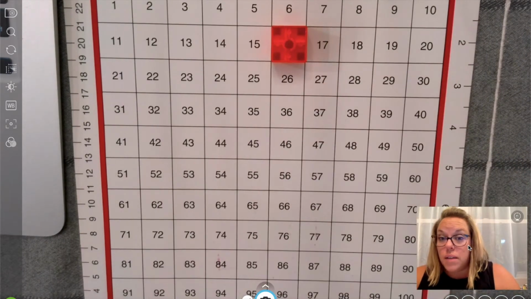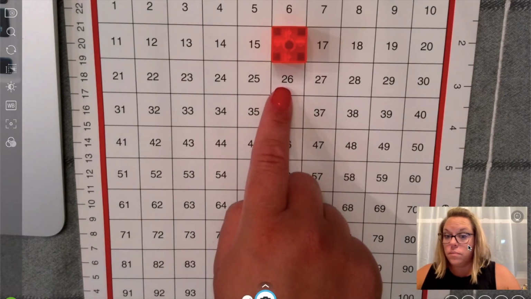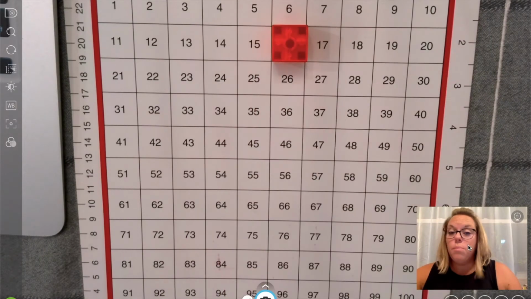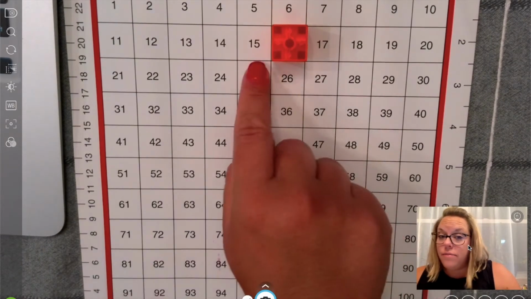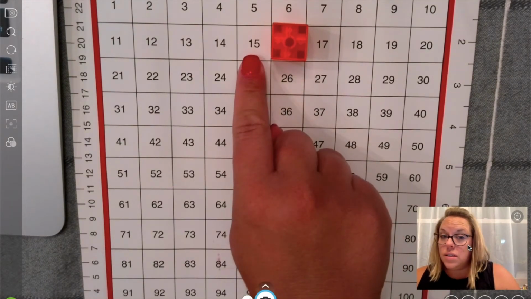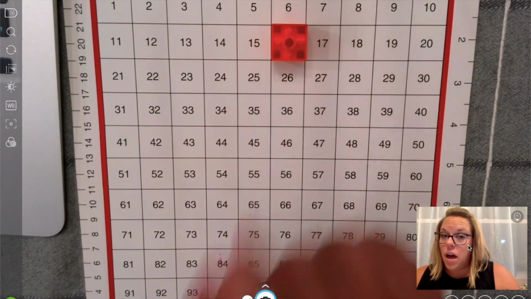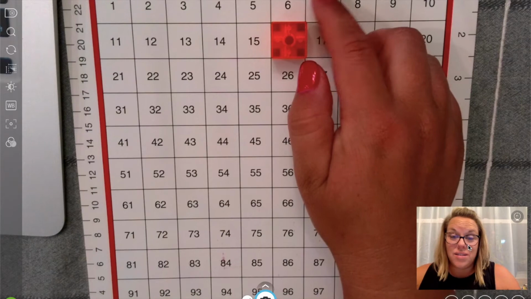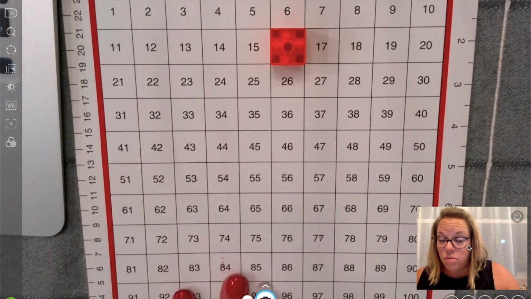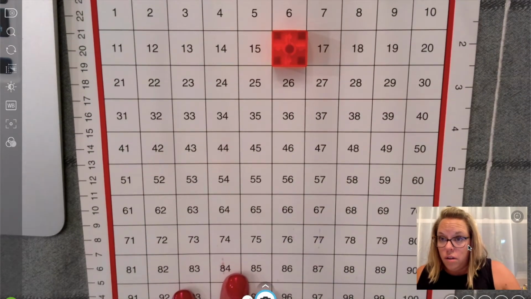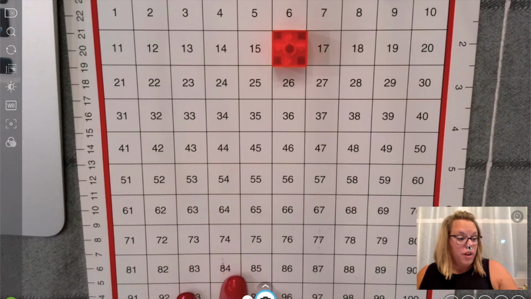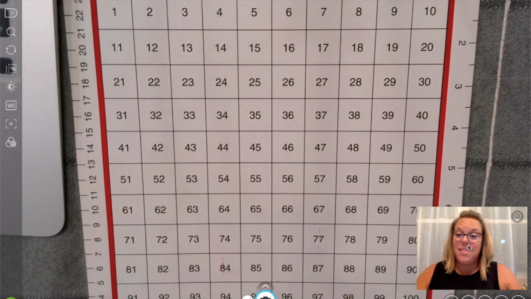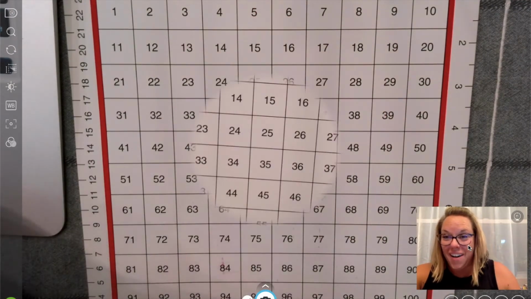Point to the number that is below 16. Good. Point to the number that's to the left. To the left is 15 and above 16 is 6. Notice the single digit number. There's only one digit there. Okay, very good, first grade. Now go ahead and take that linking cube off.